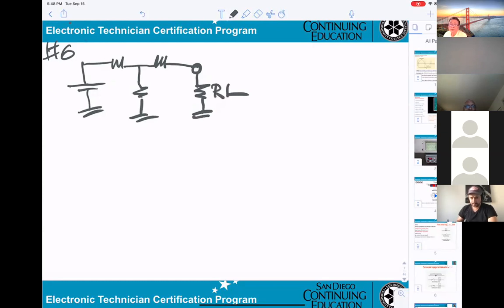Okay, so you get 18 volt and R1, R2, R3.